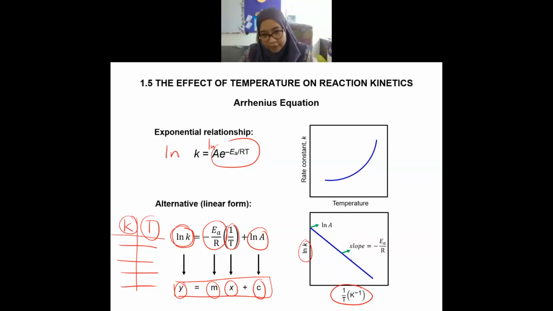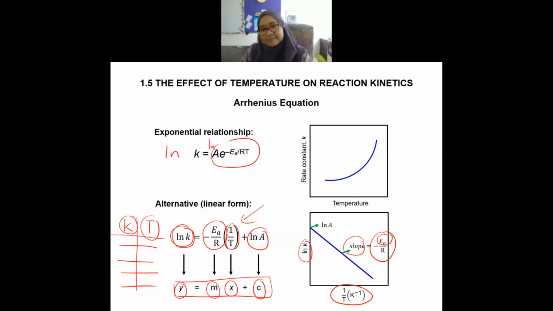Alright, so when you have a straight line, definitely you will need to calculate the slope. Okay, and then the slope actually represents the negative EA over R, based on this equation. Negative EA over R, the value of slope is equal to this whole thing. So you can find out the EA when you transfer the R and the negative to the other side.